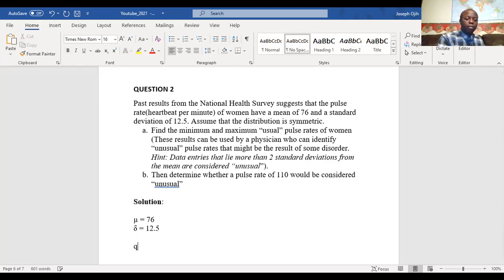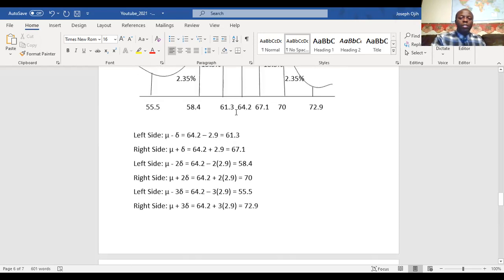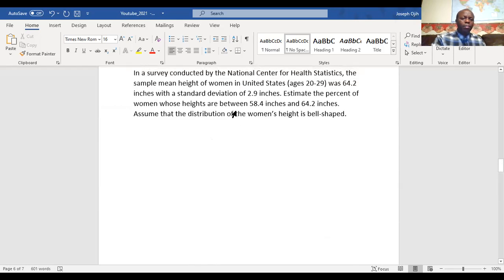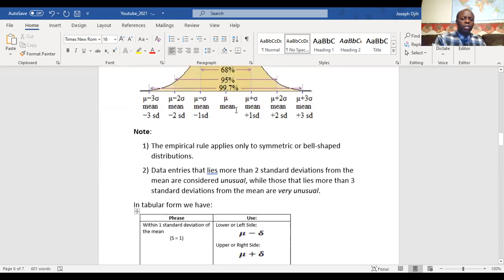Part A. If you remember, when I was introducing this lecture, I showed you the usual rates. Look at my chart here, it said data entries that lie more than 2 standard deviations from the mean are considered unusual. So anything that lies within 2 standard deviations is considered usual.